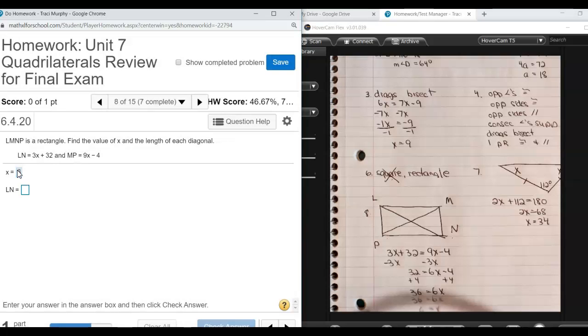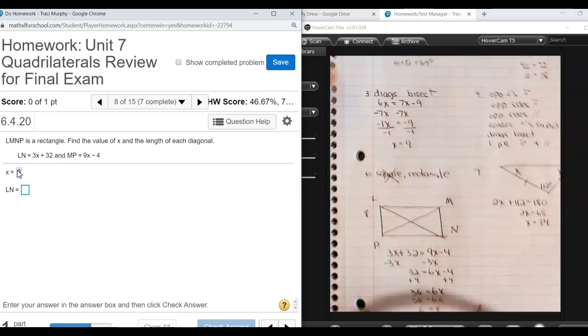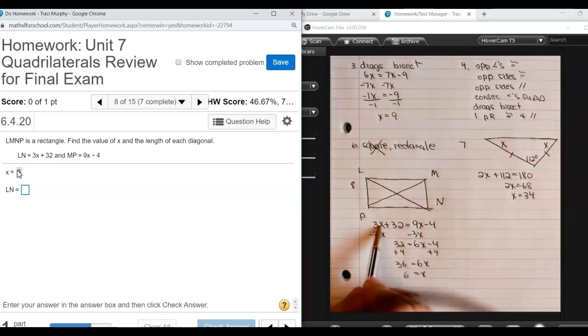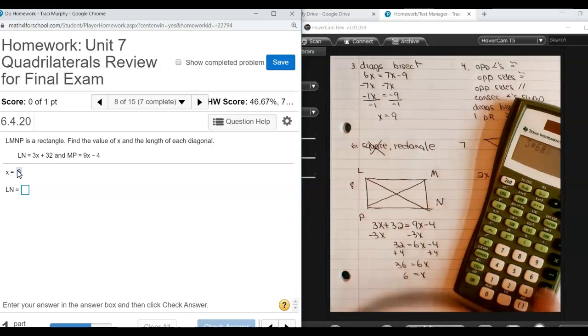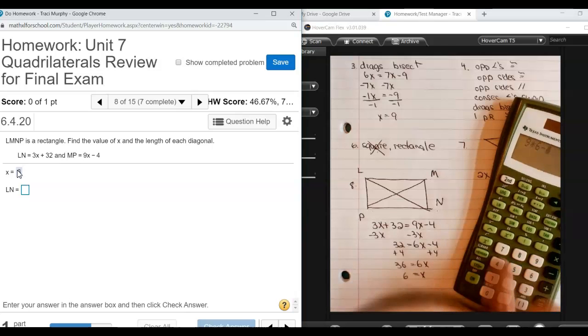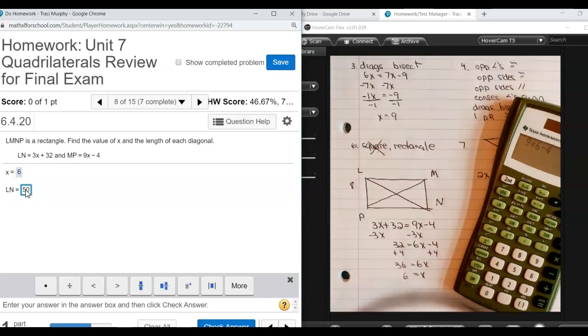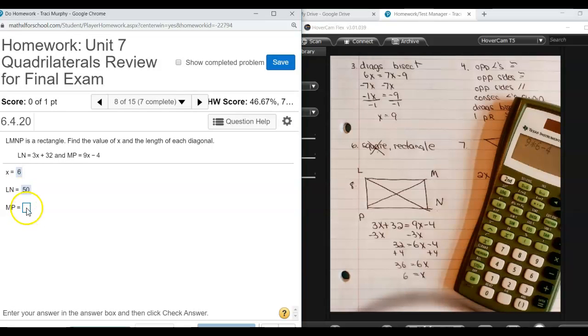But now they want the length of the diagonal, so we're going to take that 6 and simply plug it back in here. So we have 3 times 6 plus 32, and it really shouldn't matter which one I plug it in. I should end up with the same value. I'm just going to make sure that I do. I got 50, and did I get 50 for the other one? I did. So we've got 50 here and 50 here.